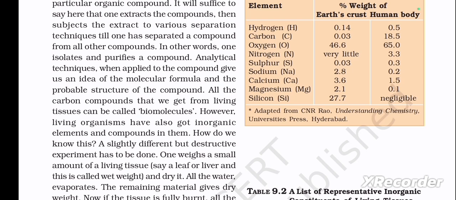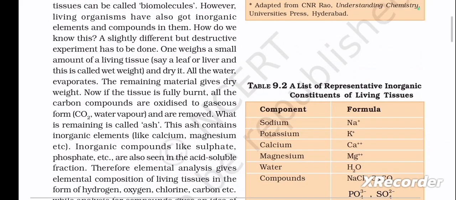A slightly different but destructive experiment has to be done. One weighs a small amount of a living tissue, say a leaf or liver, and this is called wet weight, and dry it. All the water evaporates. The remaining material gives dry weight. Now, if the tissue is fully burnt, all the carbon compounds are oxidized to gaseous form, CO2, water vapor, and are removed.